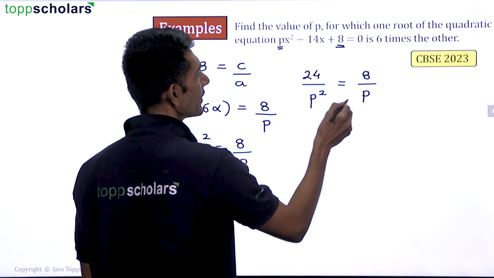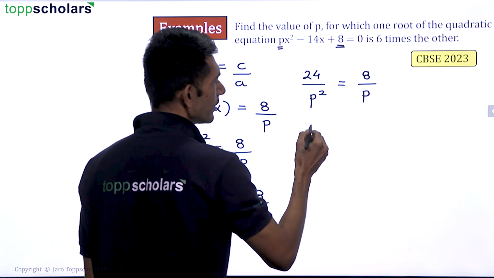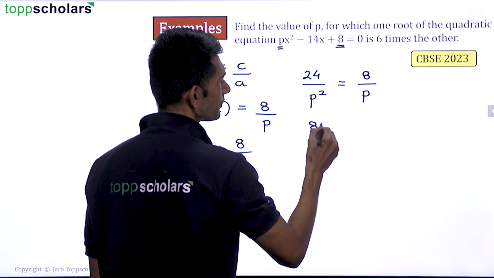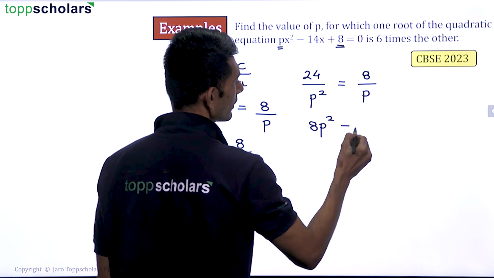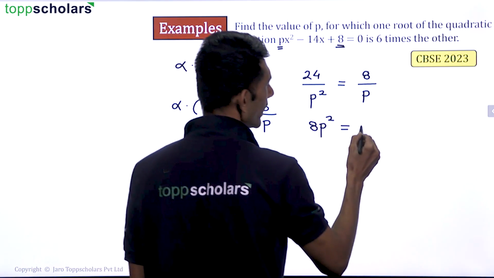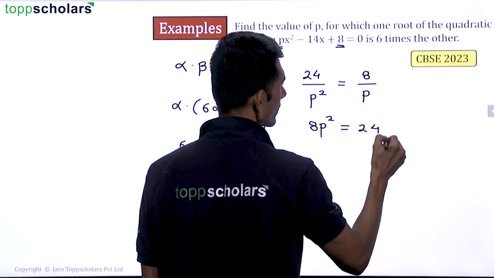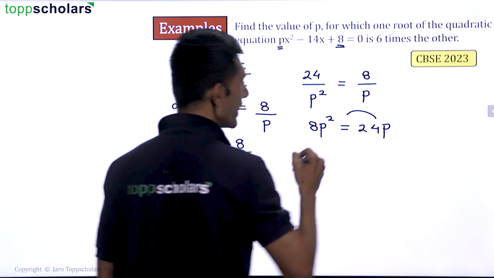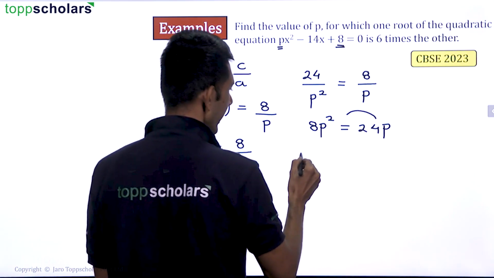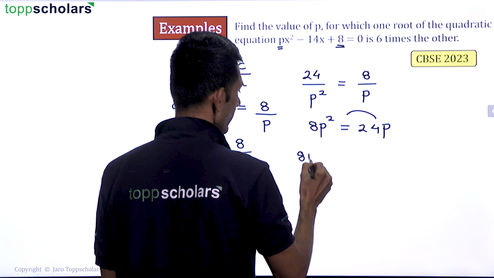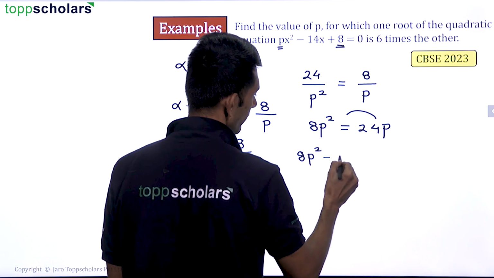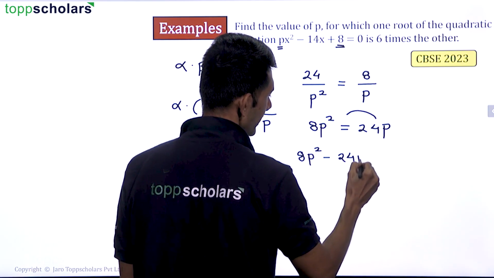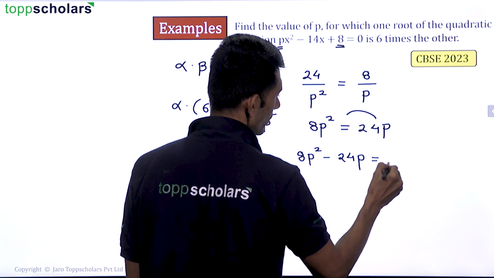Just cross multiply. Take p here, take p² there. So can I say 8p² is equal to 24p. If I shift 24p to the other side, can I say 8p² − 24p is equal to 0.